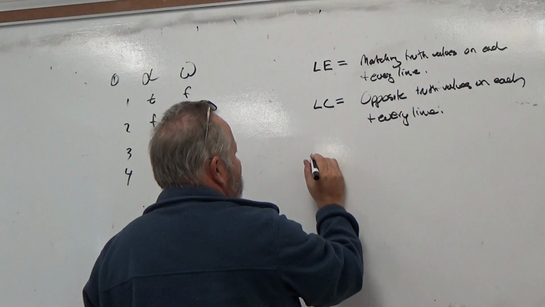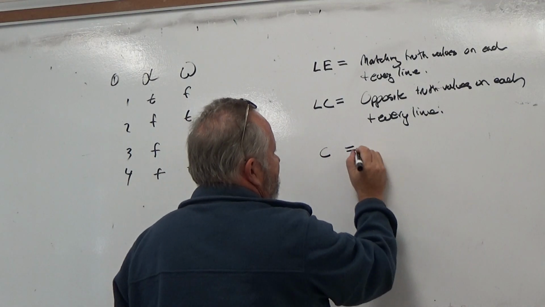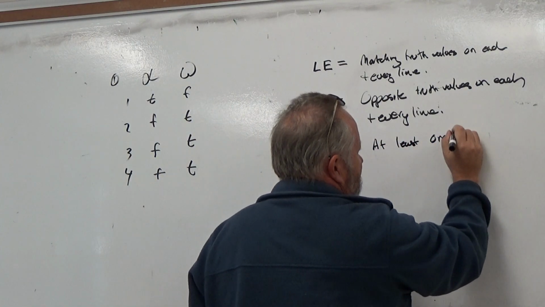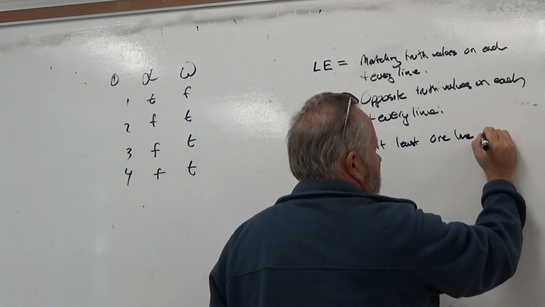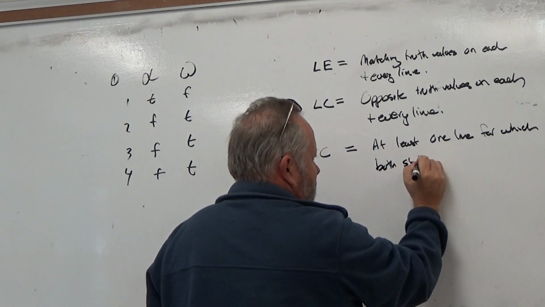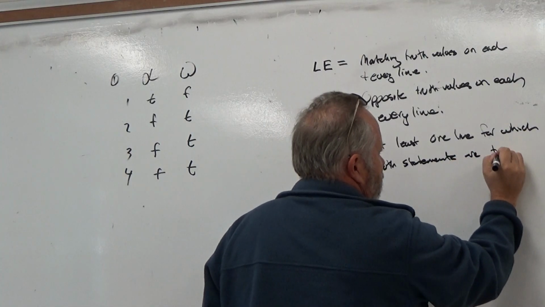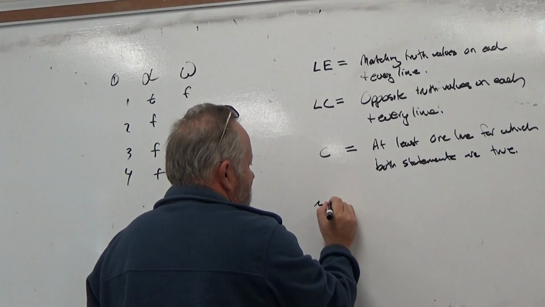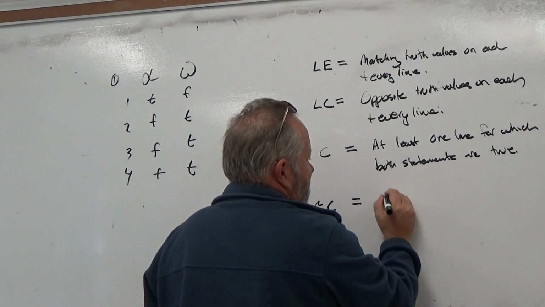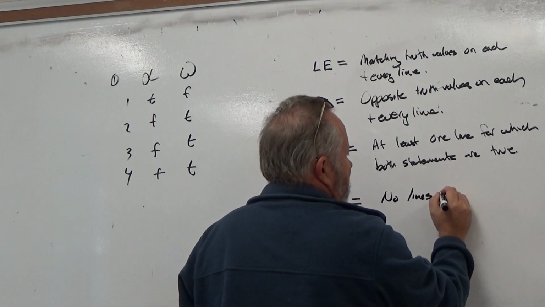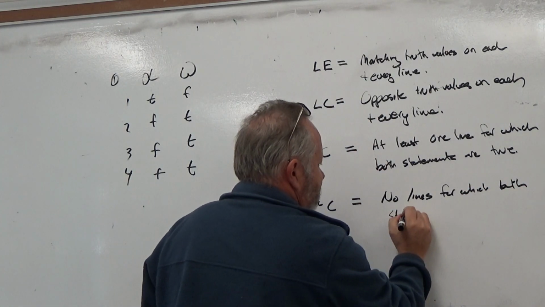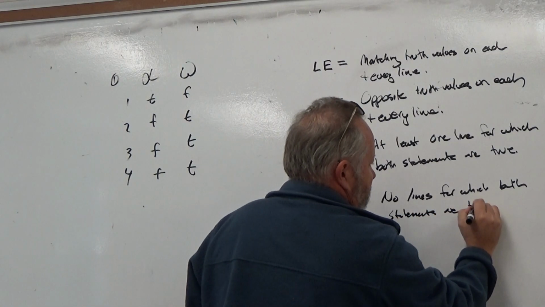And then we also have to look for consistent, and that equals at least one line for which both statements are true, and not consistent equals no lines for which both statements are true.